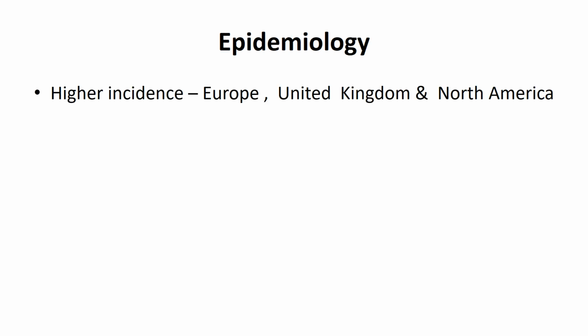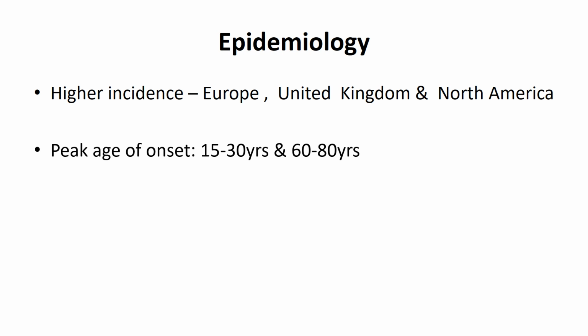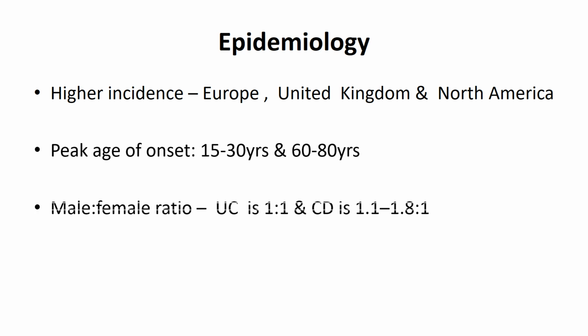In epidemiology, the higher incidence is seen in countries like those in Europe, the United Kingdom and North America. When we talk about the age of onset, we can group the patients into two groups: one is the 15 to 30 years group and the other is the 60 to 80 years group.